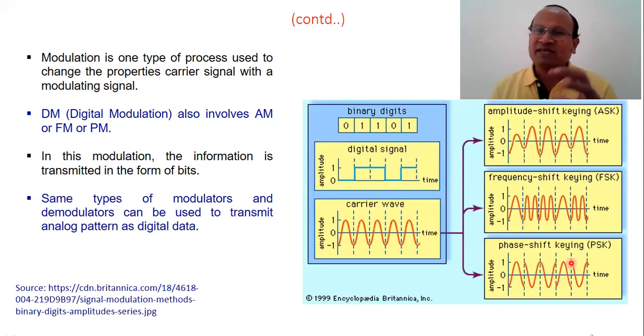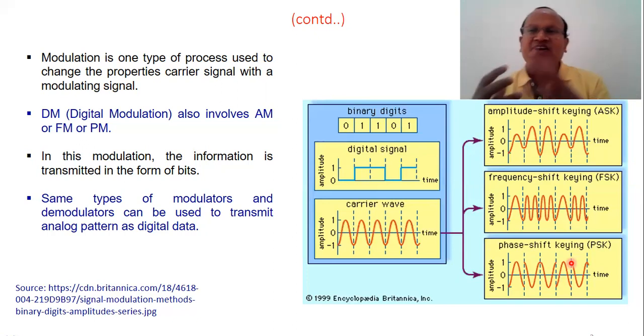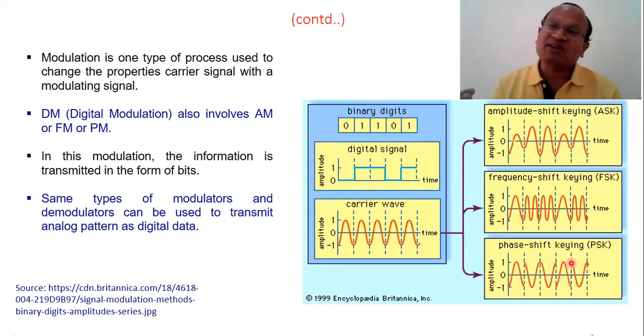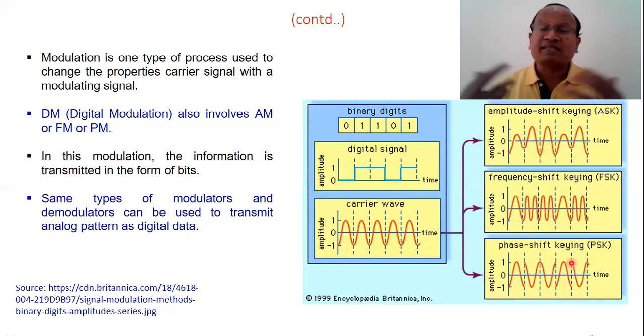In phase modulation, the phase of the carrier changes in accordance with the instantaneous value of the modulating signal. It is very interesting to understand these digital modulation techniques, which are similar to analog modulation methods. If we understand analog modulation methods in principle, there is no difference. There is not much complexity involved in understanding how digital modulation techniques work.